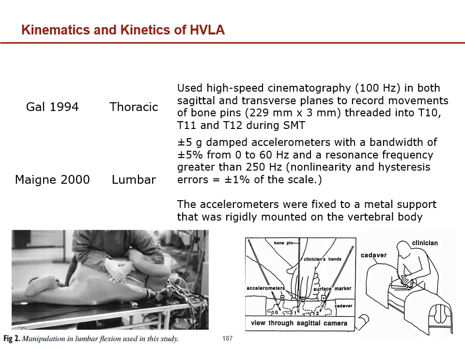So there's a picture of the cadaver they're manipulating. And then you have the view through the sagittal plane camera, and you can see how it was set up, with the bone pin sticking out of the top, and then the accelerometer, and then the surface marker is shown at the adjacent levels.